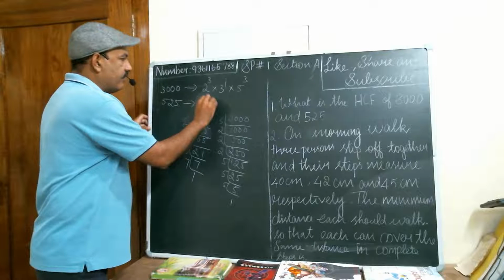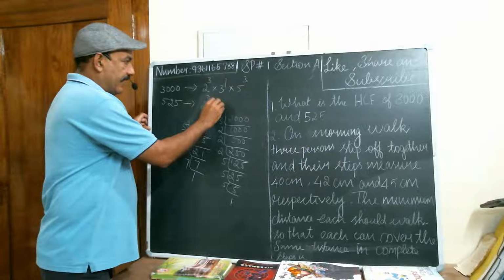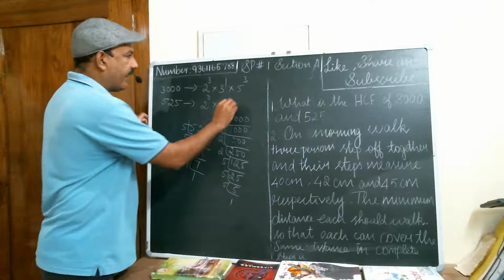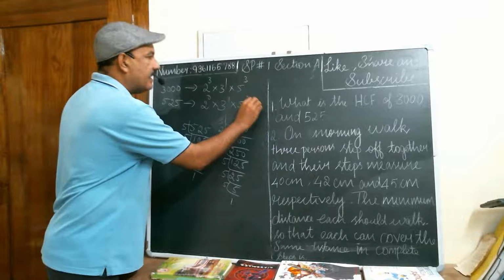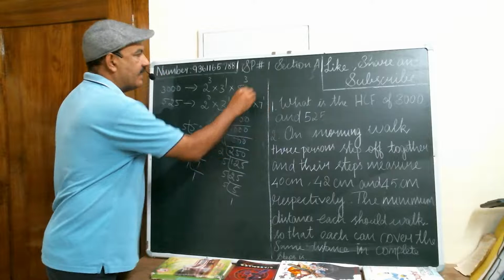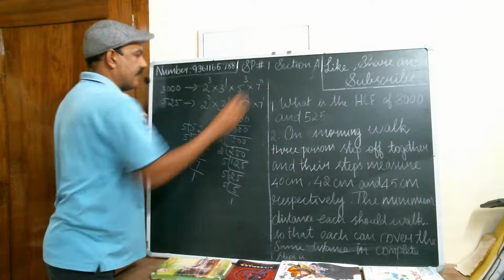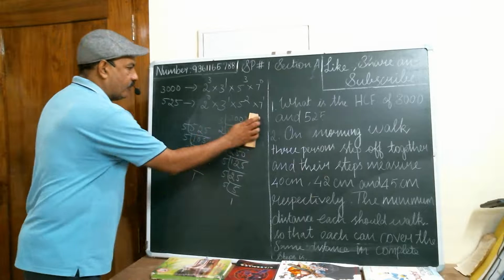There are no 2's, so I'm writing 2 power 0. How many 3's are there? Only 1 3. How many 5's? 2 5's. How many 7's? 1 7. There are no 7's in the 3000, so I'm going to write 7 power 0. Clear?